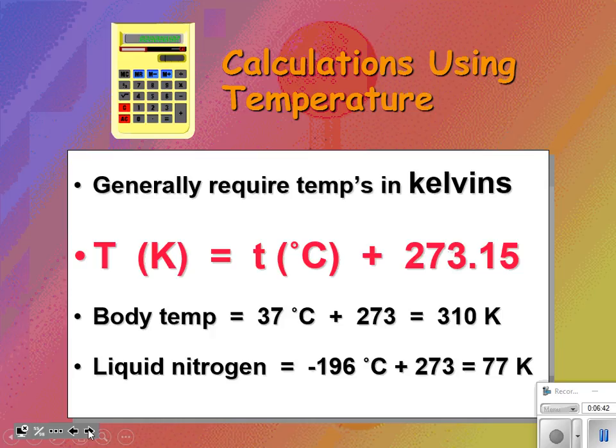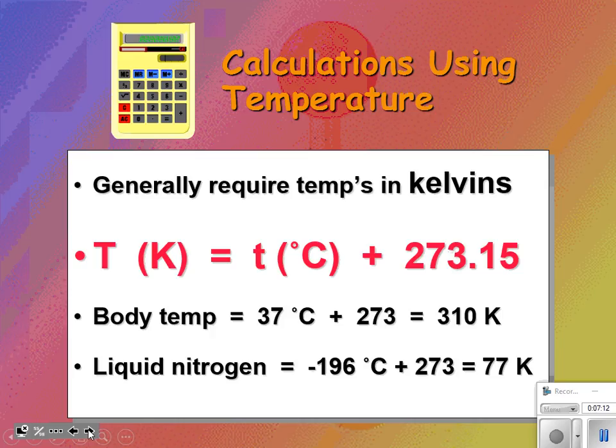Liquid nitrogen is negative 196 degrees Celsius. If I convert that to Kelvin, it is going to come out to 77 Kelvin. I would use 273.15. All right.